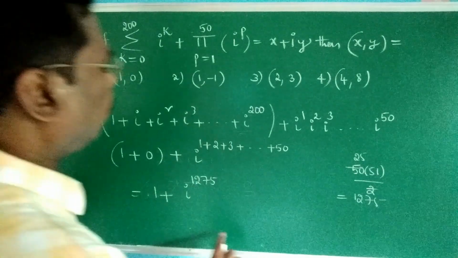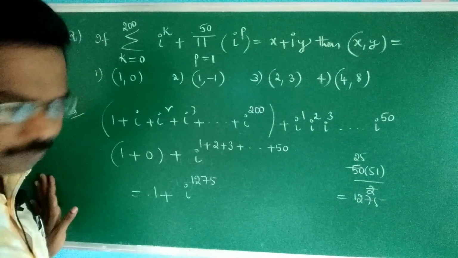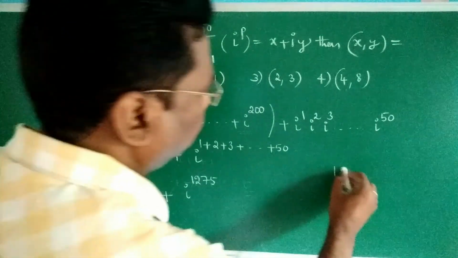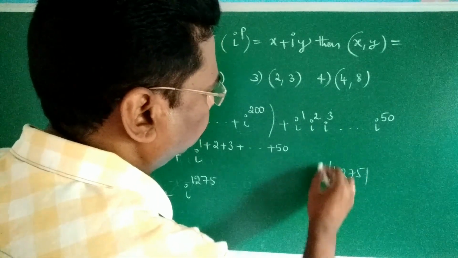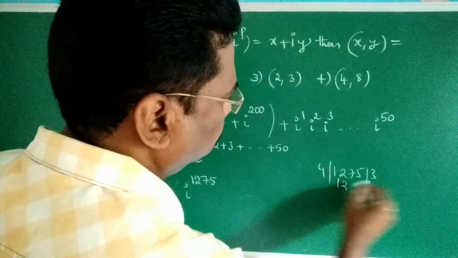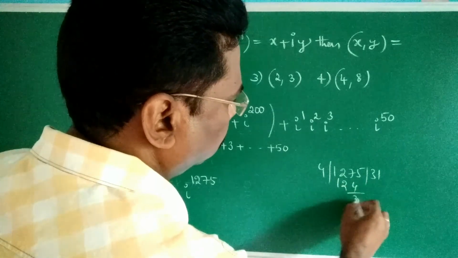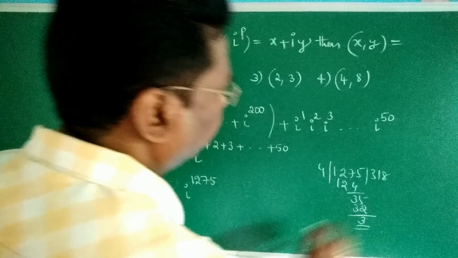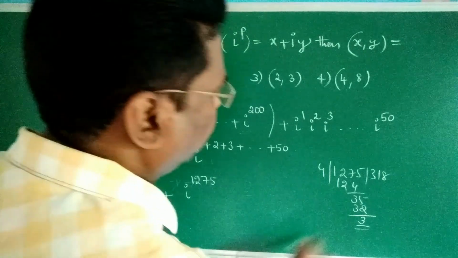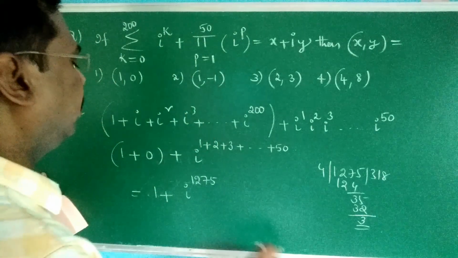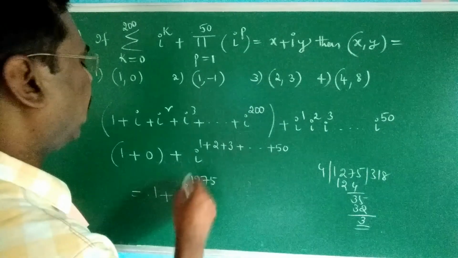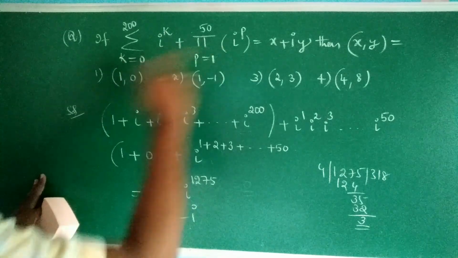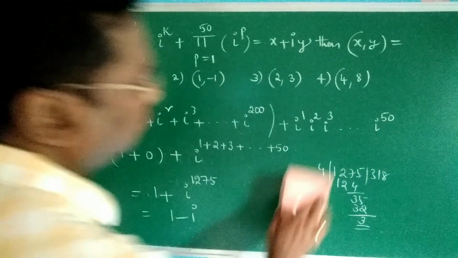Dividing 1275 by 4, the remainder is 3. Remainder 3 means that value is equal to minus i. Therefore the total LHS value is 1 minus i.